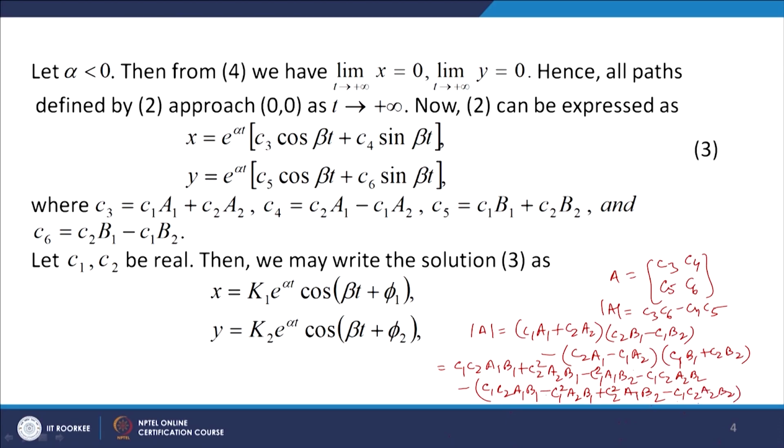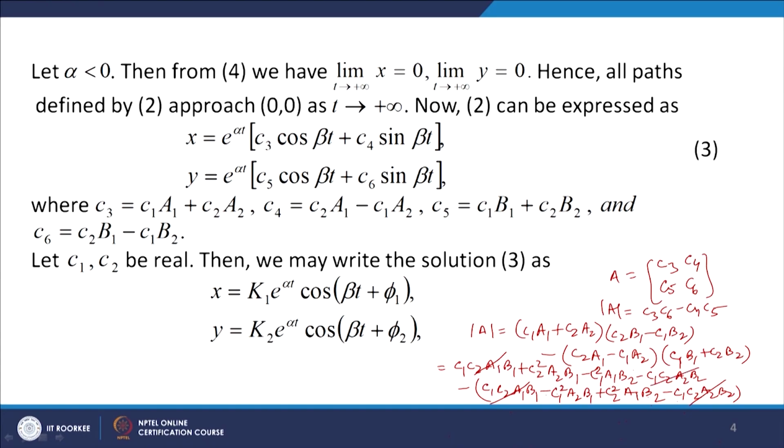Okay. Now, what do we notice? c1 c2 a1 b1, this is positive, here it is negative, minus c1 c2 a1 b1. So, this will cancel with this. And here we have minus c1 c2 a2 b2, here we have plus c1 c2 a2 b2.